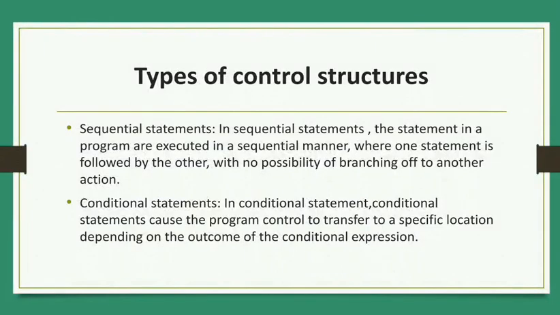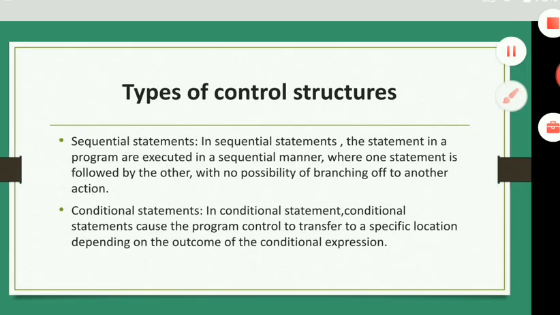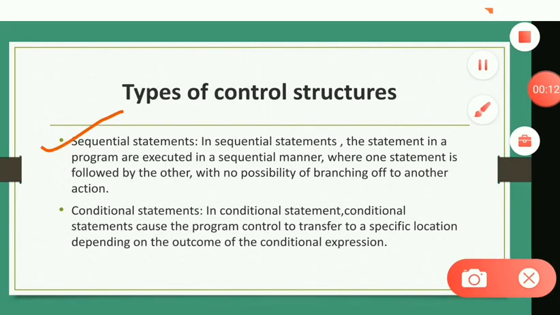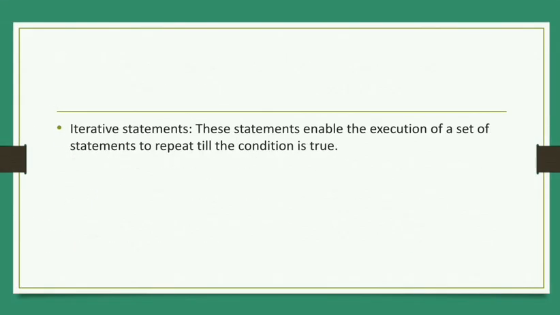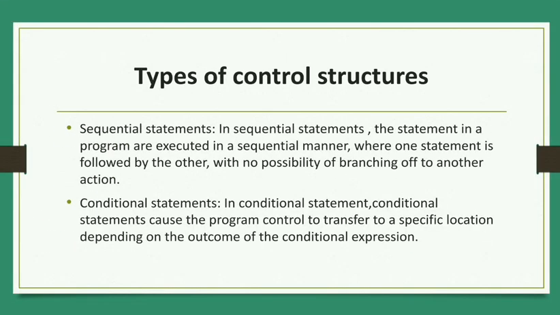Next heading is types of control structure. In Python, basically we learn about these three types of control structure: sequential, conditional and iterative. Let us see them one by one.